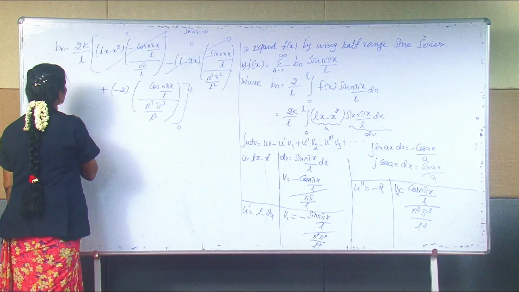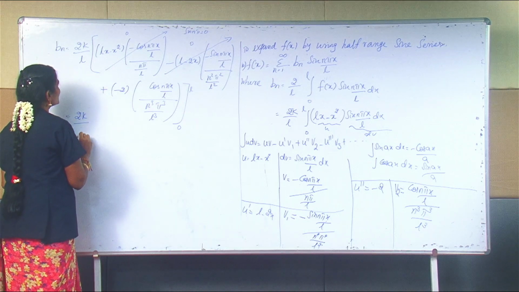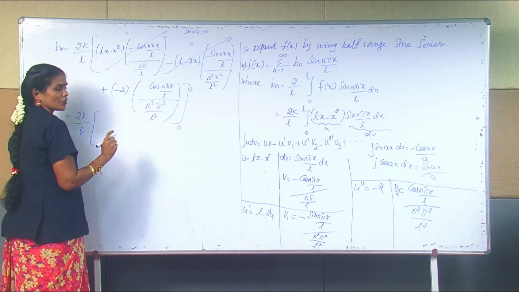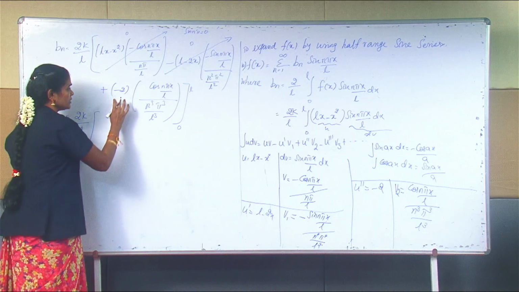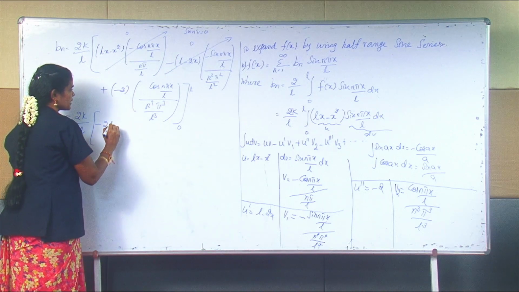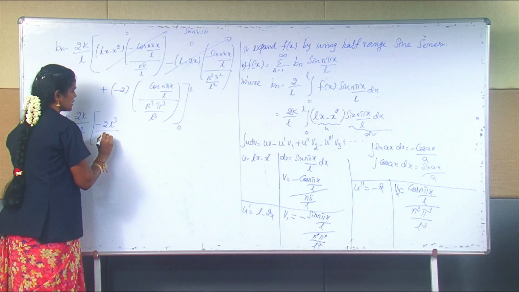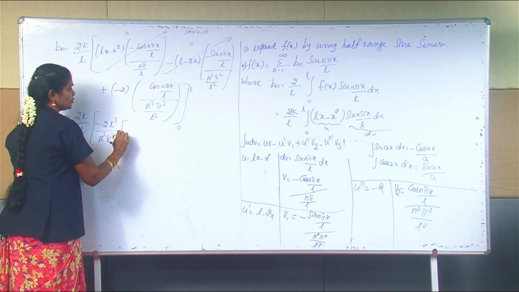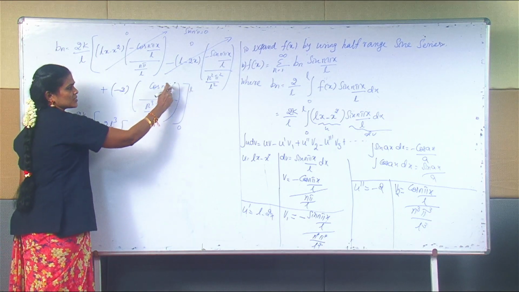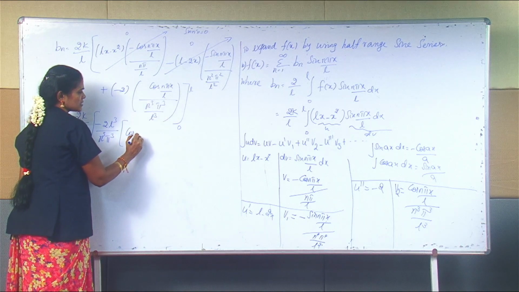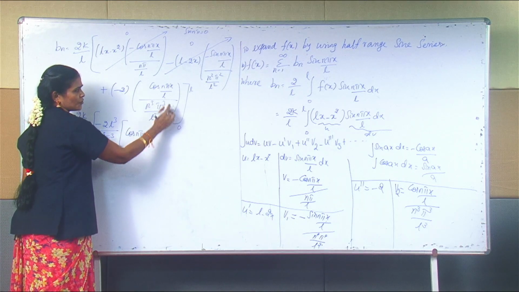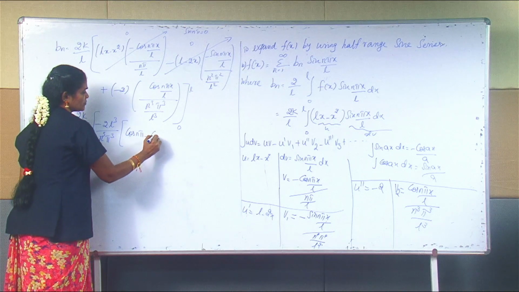So, you have to consider only the last term, 2k by L into, you have to take the constant term outside. So, minus 2 L cube divided by n cube pi cube into, if you take x in the place of L, it becomes cos n pi, minus, if you take x in the place of 0, it becomes cos 0.